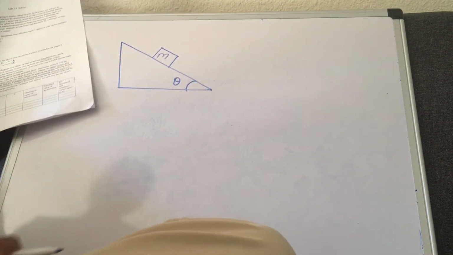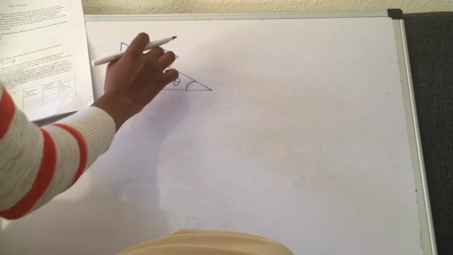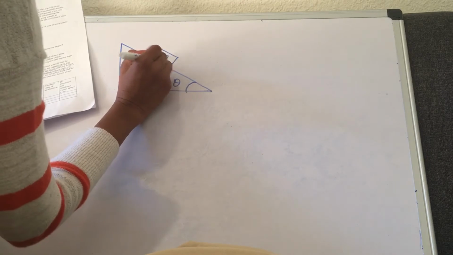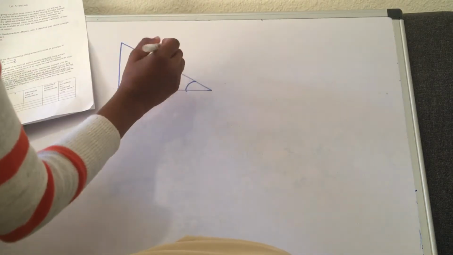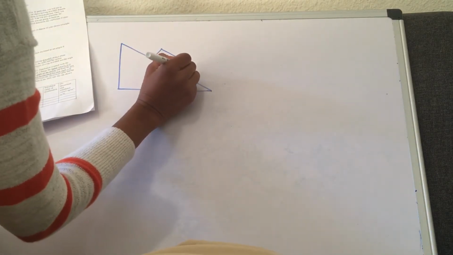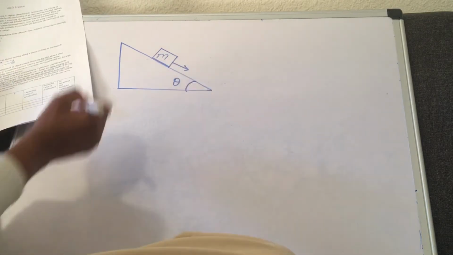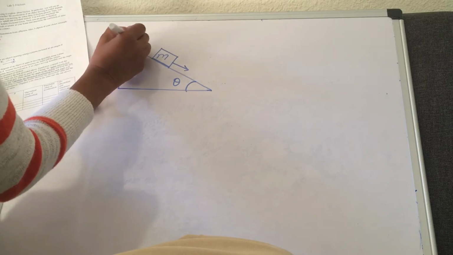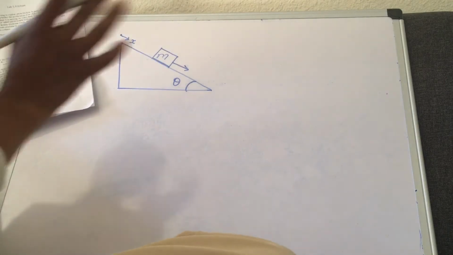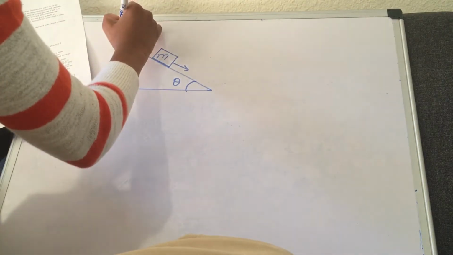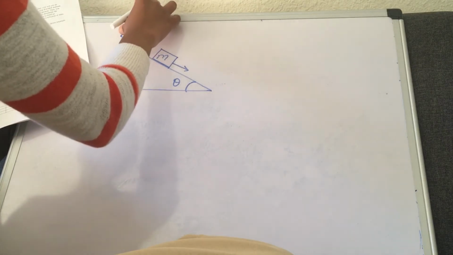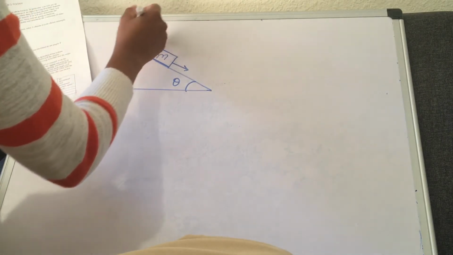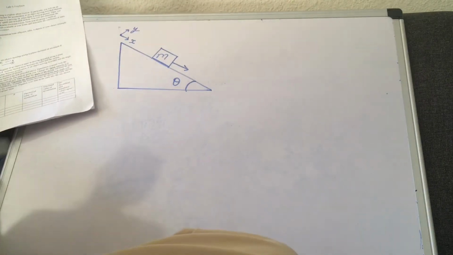Now this object is sliding, so there is friction between the surfaces here, and this object is sliding downhill. For simplicity, let us make this side our x, just so it is easy. Let's make this perpendicular to the x-axis and call it y.